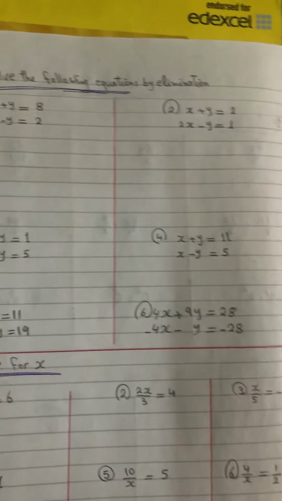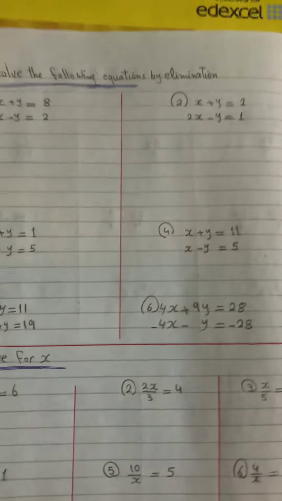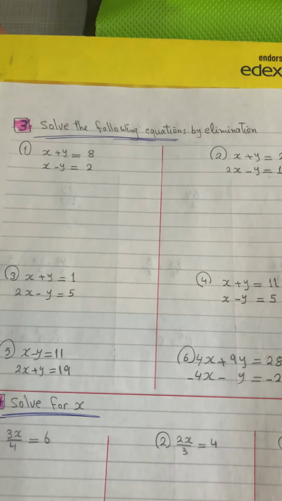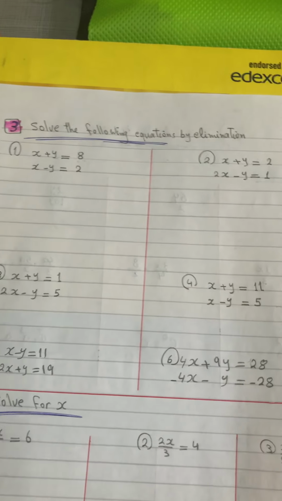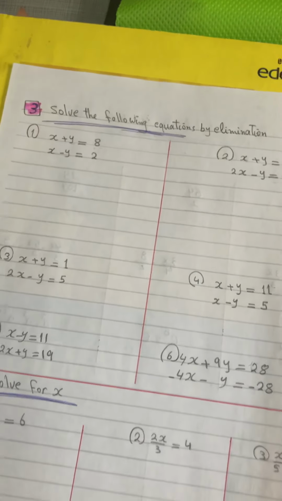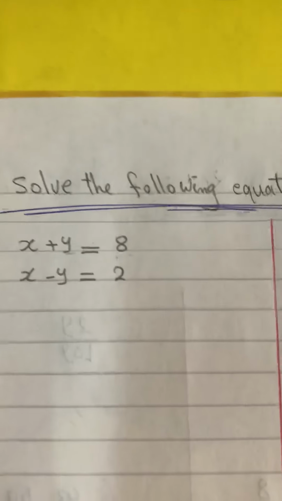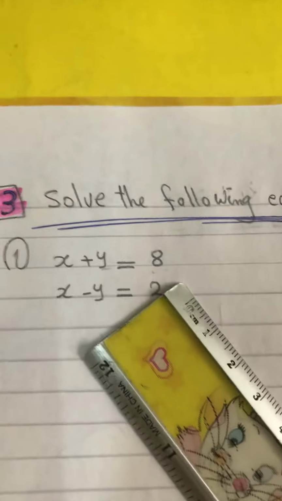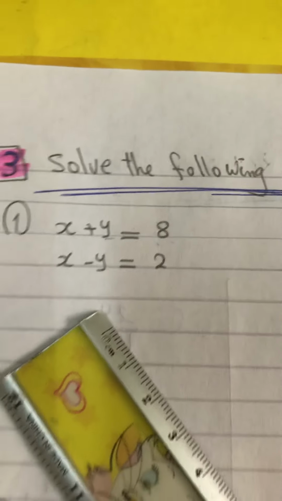Question number 3 is related to simultaneous equations. And as you know, we have two ways to solve simultaneous equations: elimination and substitution. According to the way I want you to use, you have to use. In the first system of equations, we have x plus y equals 8, x minus y equals 2.